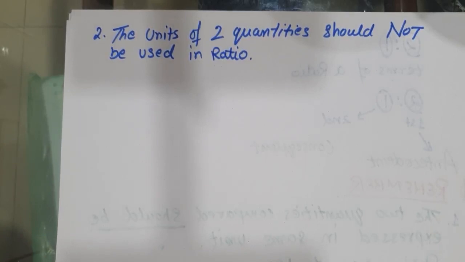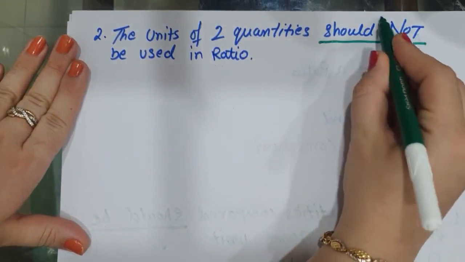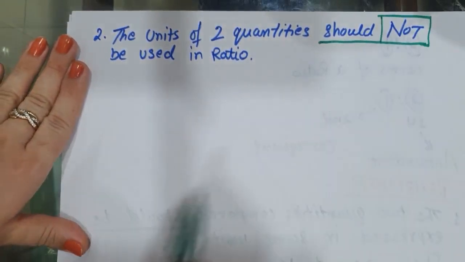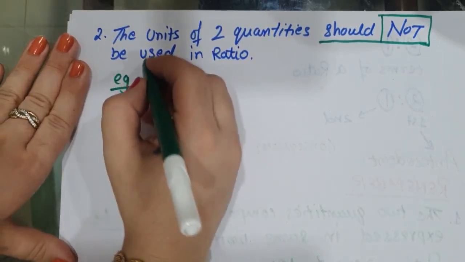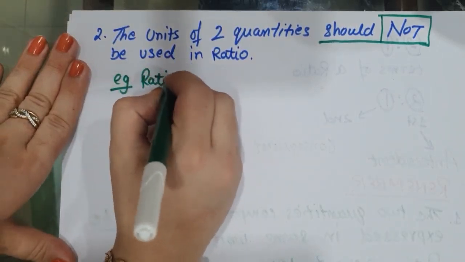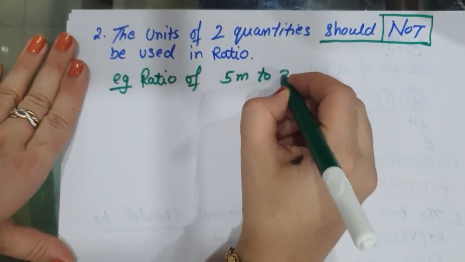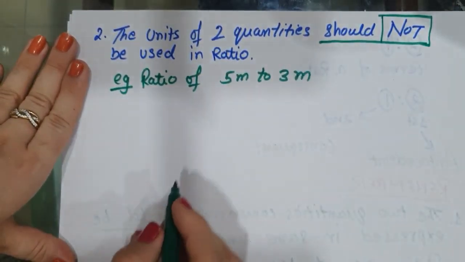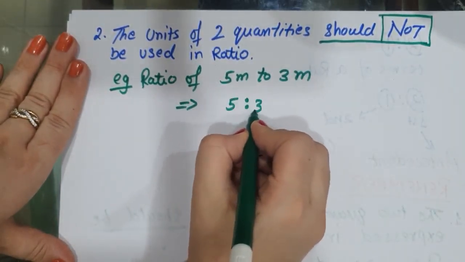Now, the second thing which is to be remembered. The units of the two quantities should not be used in the ratio. Mark my words, they should not. For example, the ratio of 5 meter to 3 meter can be written as 5:3.